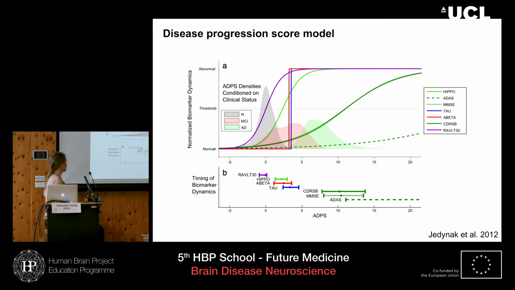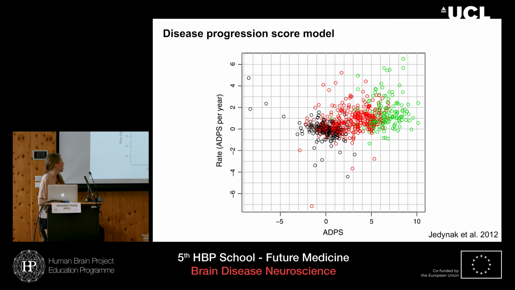This seems kind of surprising, and I think these early models had a few problems with the fitting, but more recent models are not having this problem of cognitive test scores becoming abnormal before CSF markers. Looking at the stages of the disease progression score, you can also see that you get good separation of different clinical categories. In black, we've got cognitively normal, in red, MCI, and in green, Alzheimer's disease.